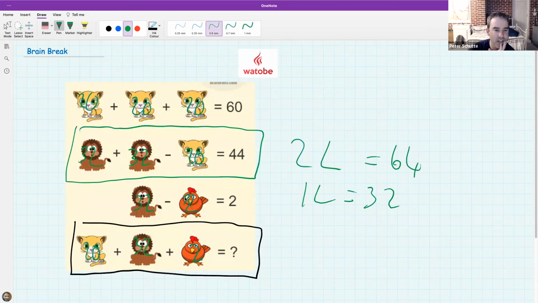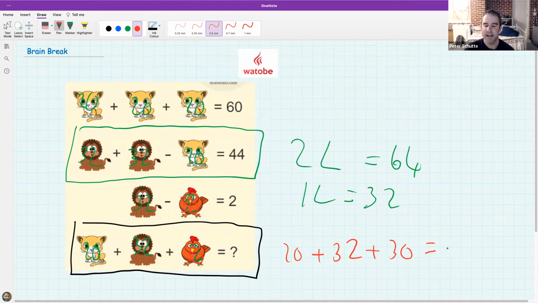The chicken has to be 30, which means that we have 20 plus 32 plus 30. And so what's my final answer? It is going to be 82.